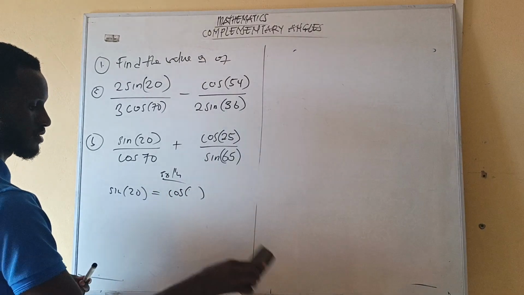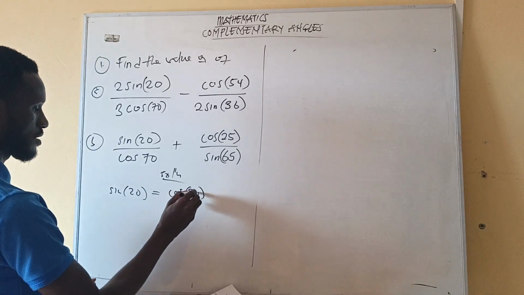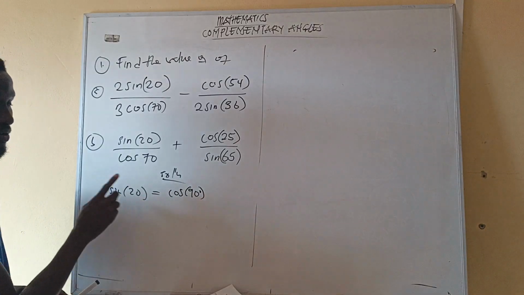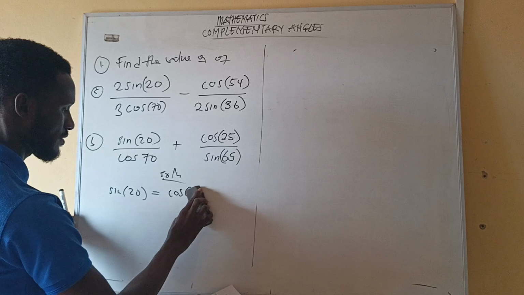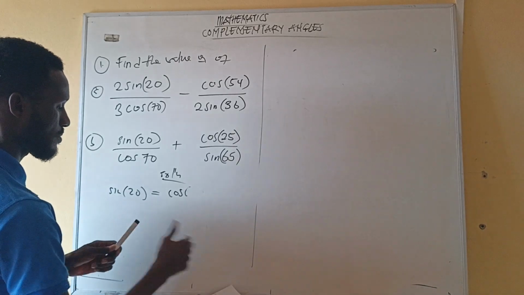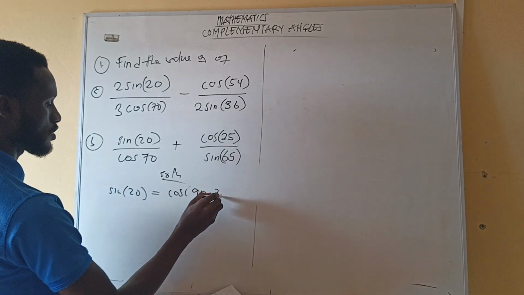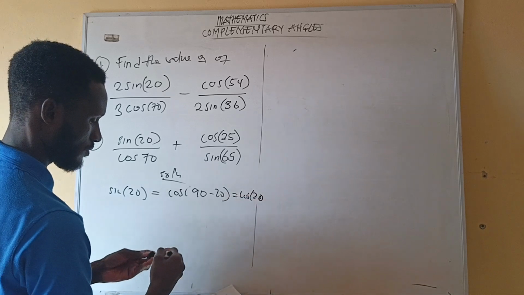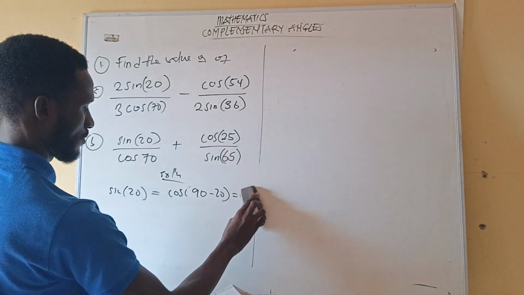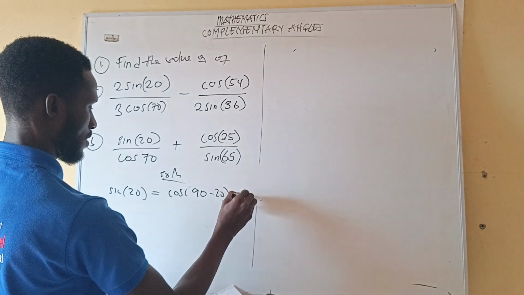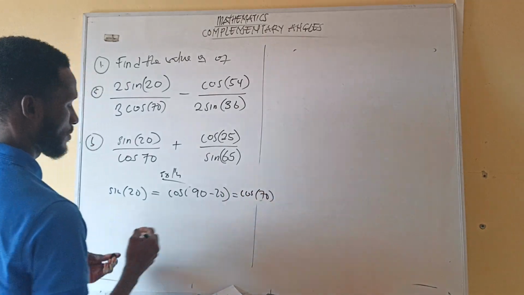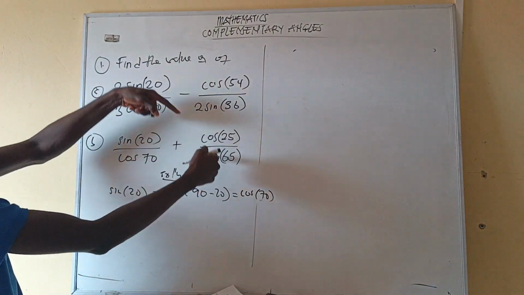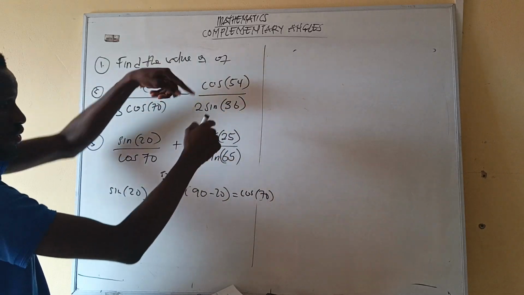We subtract the 20 from the 90. So 90 minus 20 gives cos 70.